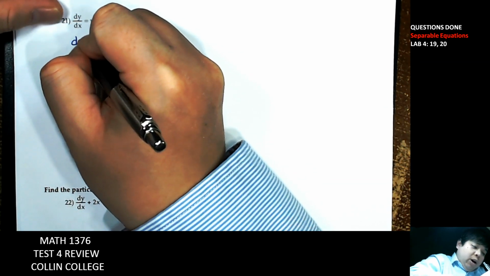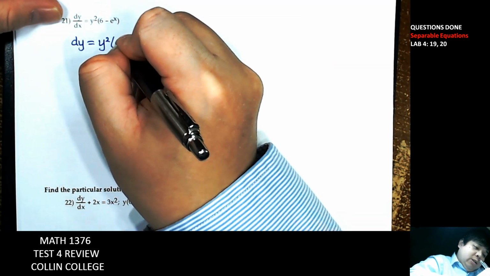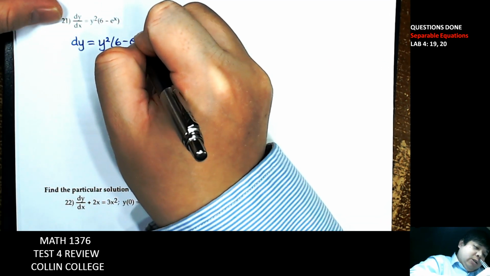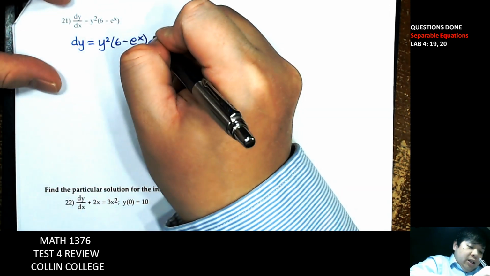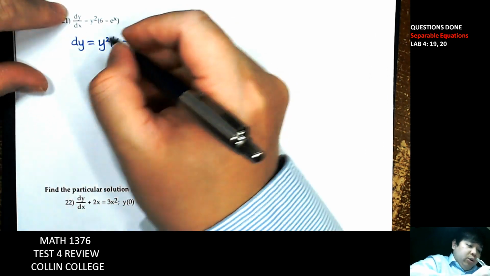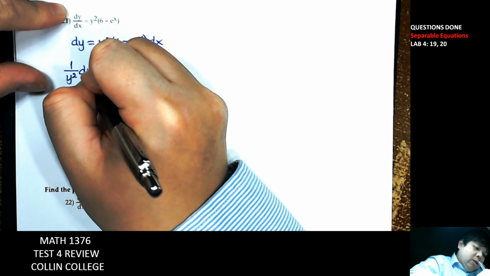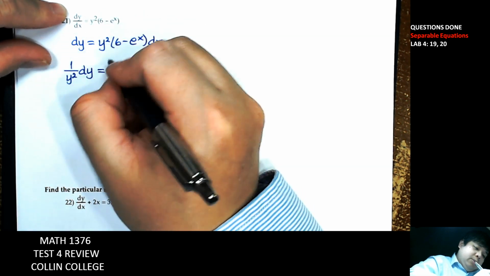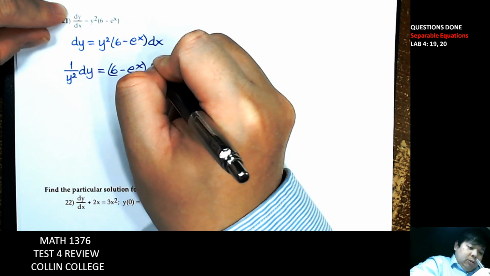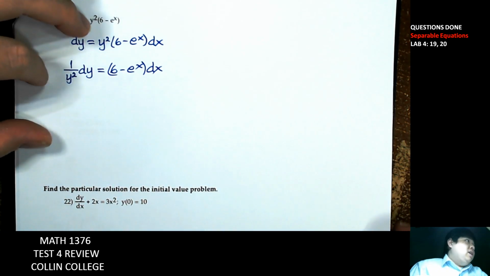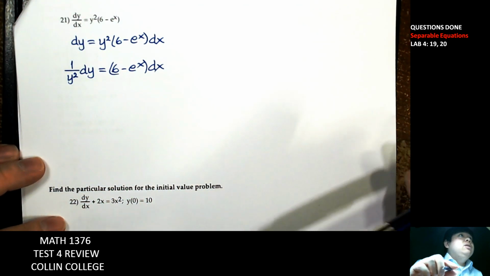So we have dy and move the dx over, and dx here, the y squared to the other side. And then we have x on one side and y on one side, and then we can integrate.